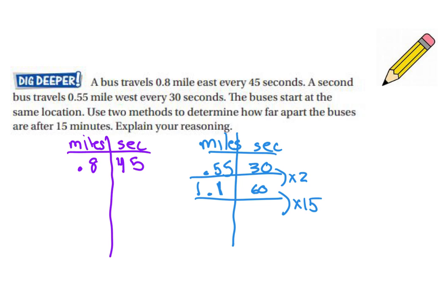Okay, in terms of minutes, just to be clear, 15 times 60 is 900 seconds, but it is also 15 minutes. So then on this side, I'd do times 15. 1.1 times 15 is 16.5. So I've got 16.5 miles for bus 2.